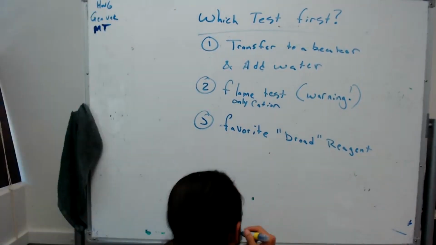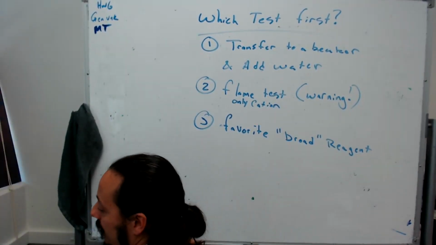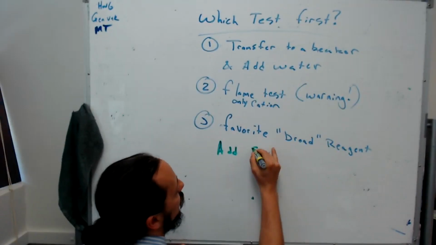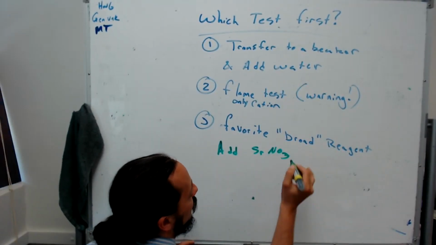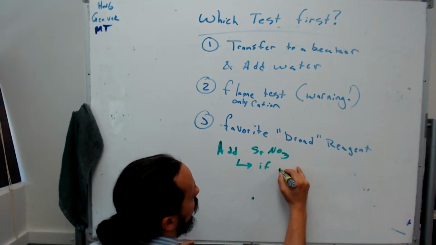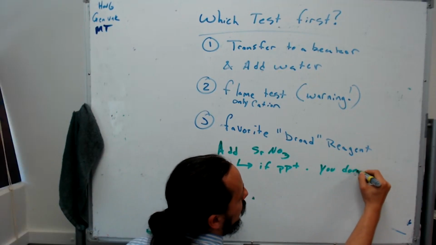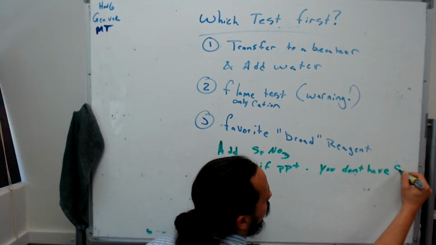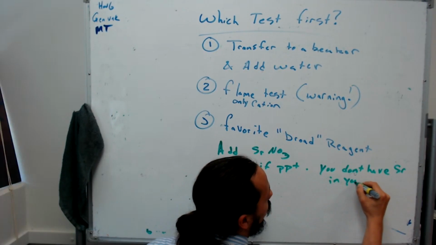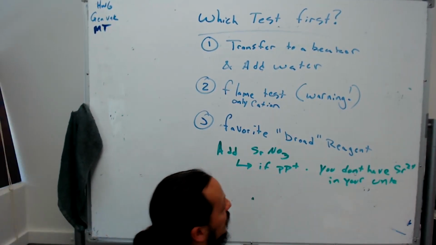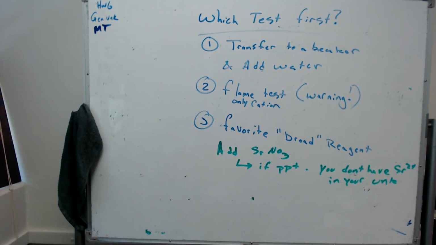Let's think about this. I'm going to switch colors because this is a little interesting. So if you form a precipitate when you add strontium nitrate, you know you don't have strontium in your unknown because it just dissolved in water, right?